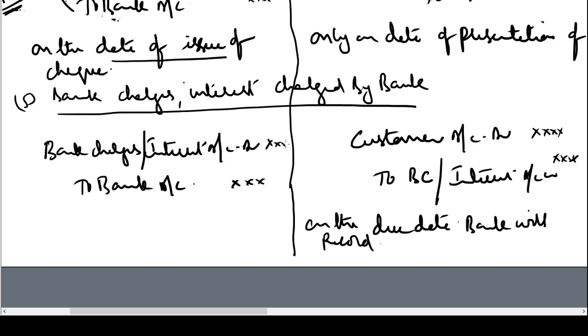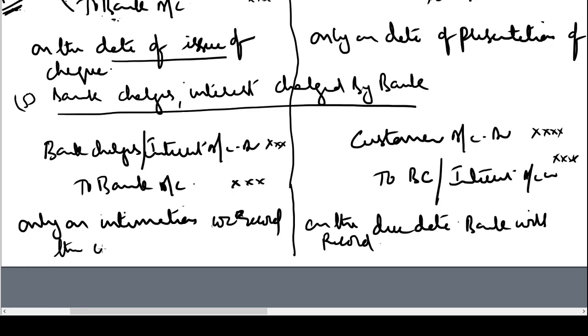So this is how I record the entry in my books. When will we record it? Only on intimation. So when the bank intimates me that they have charged some bank charges or interest or some other charges, only on intimation we record the entry. Or only when we come to know, we record this entry.